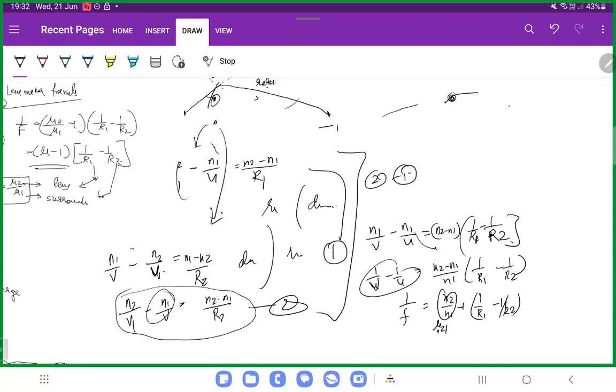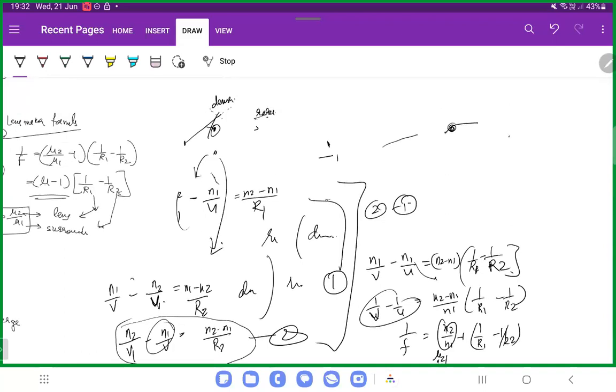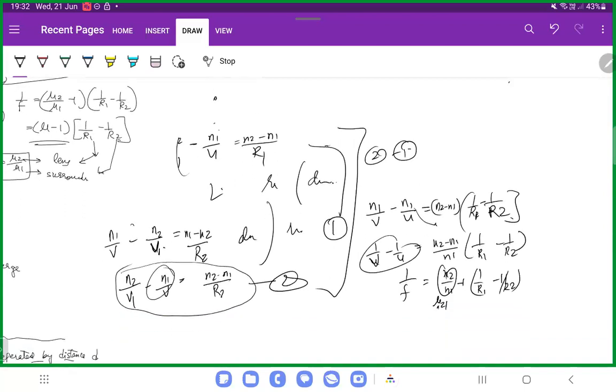Okay, make a note of this calculation. Two minus one.